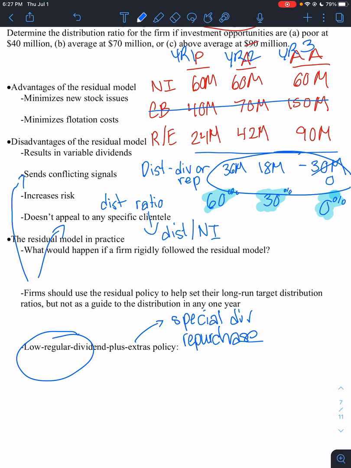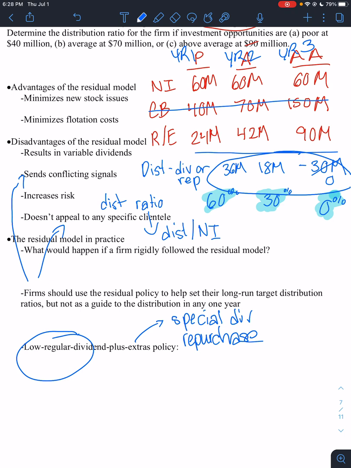But they don't get upset and negatively affect the stock price if in the next year they don't get that special dividend again. So there's no real penalty or downside for a firm pursuing this type of policy where they just set that nice low bar and then pay out like a bonus round if the year is really good. So we see a lot of companies basically follow this dividend policy.